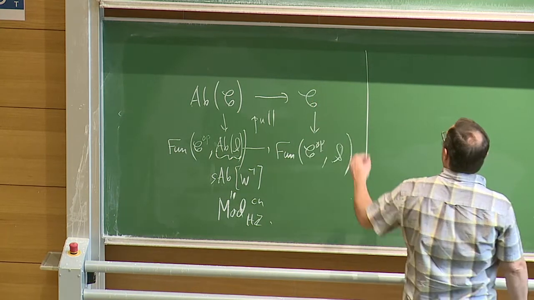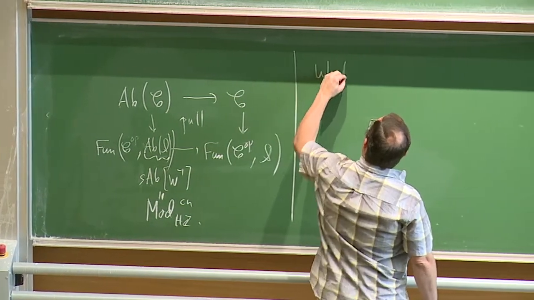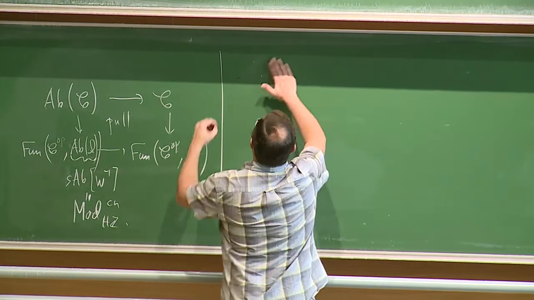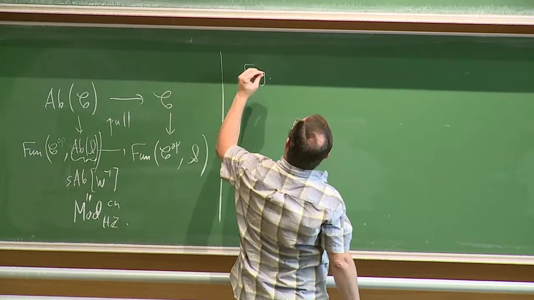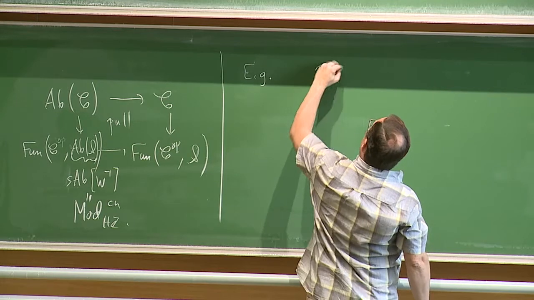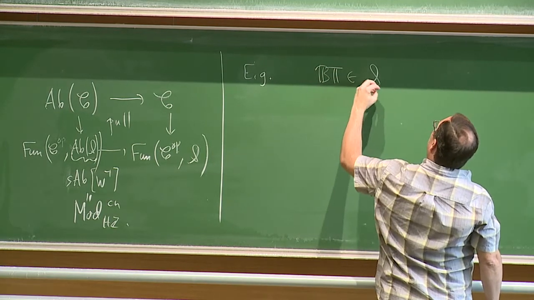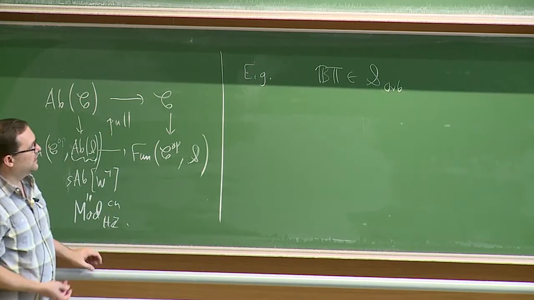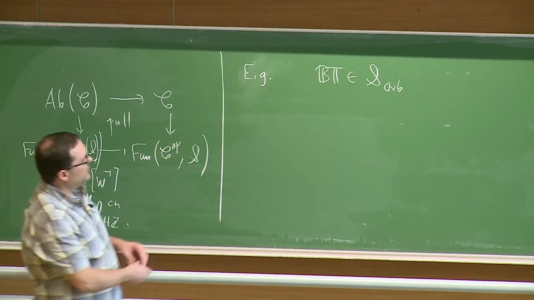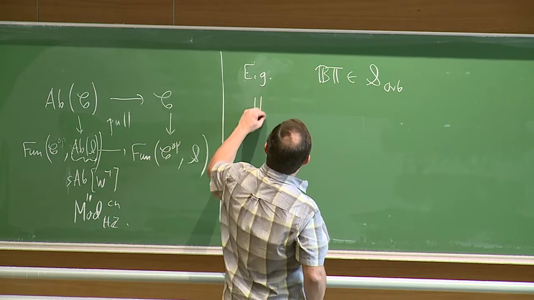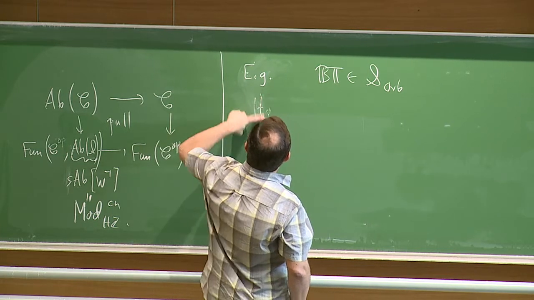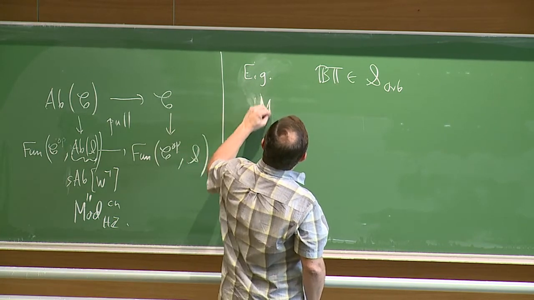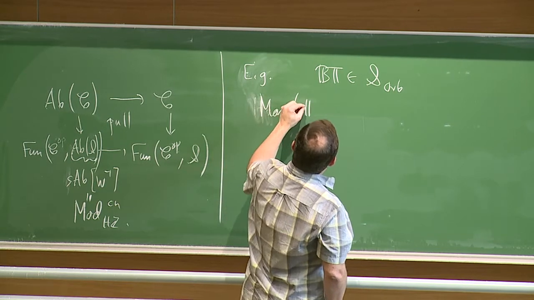Okay, but now the question is, what does it mean? So for example, BT in my homotopy theory of stacks is necessarily an abelian group object, because we already did the calculation of what its functor of points looks like.